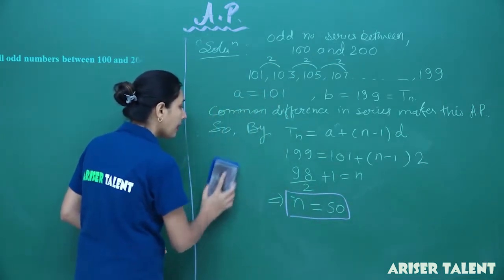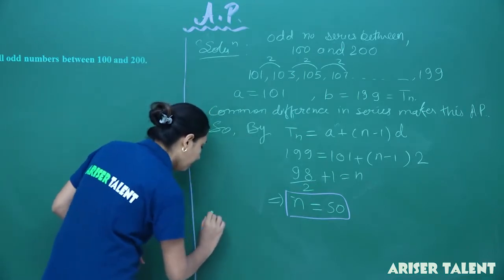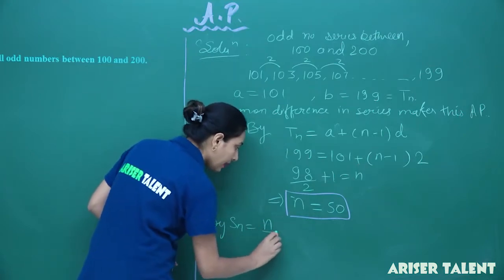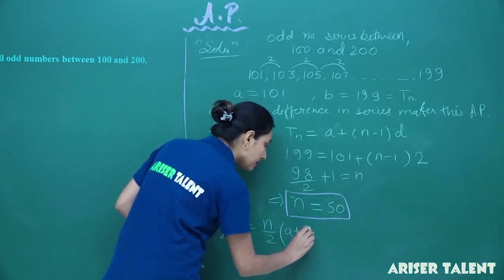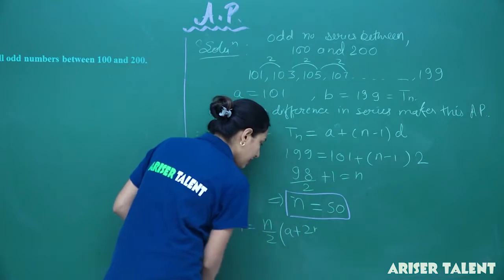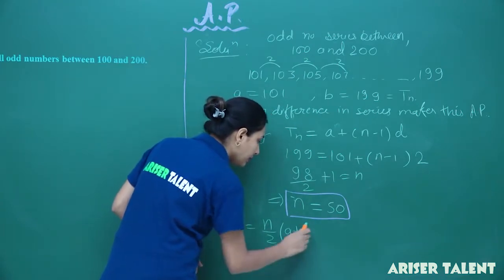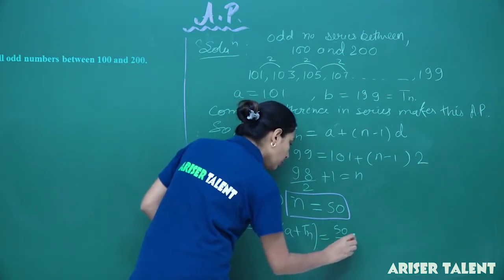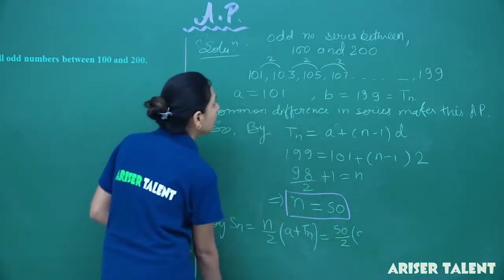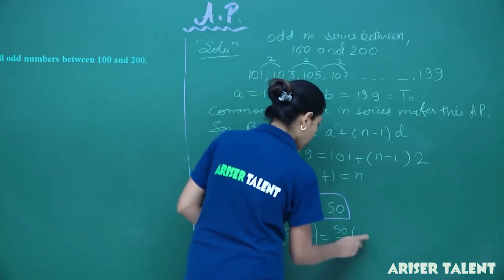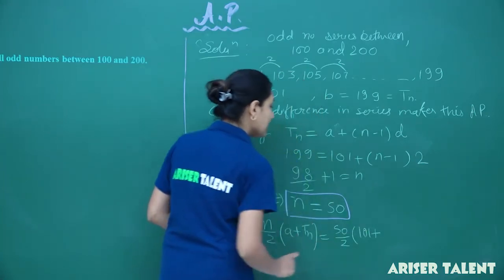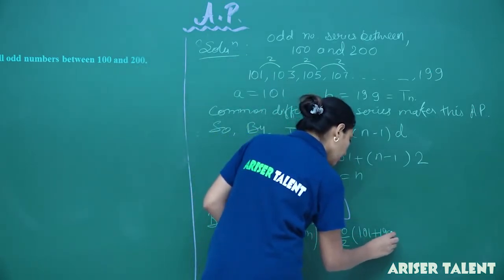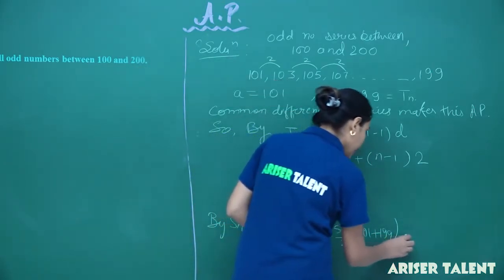Now by the formula, Sn equals what? n by 2 times (A plus Tn), right? So what will we have? 50 by 2. A is what? 101 plus Tn. Tn is what? Last term 199. Okay, so what will it become?